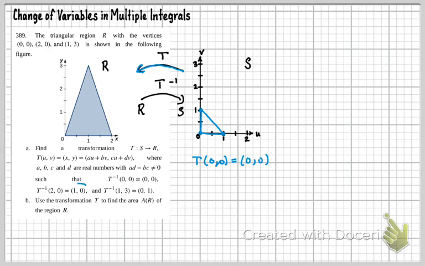Similarly, if I take this one in S and map it to R, that's T of (1, 0), which goes to (2, 0).